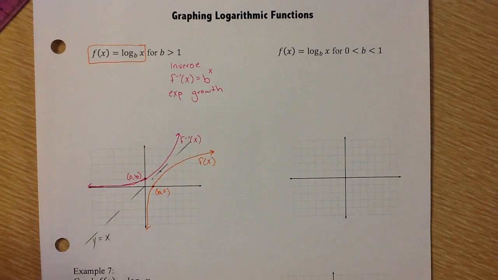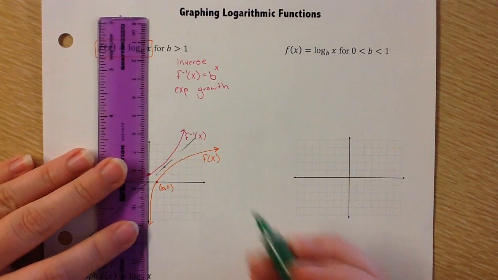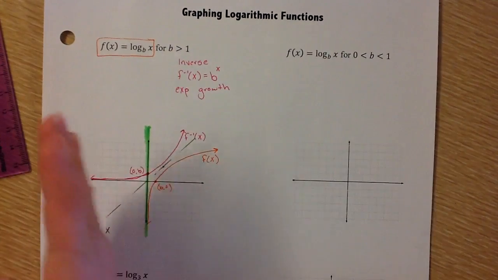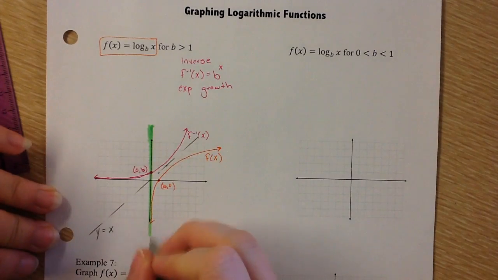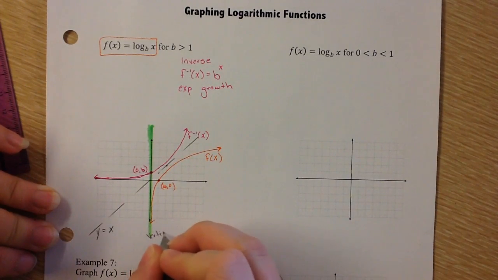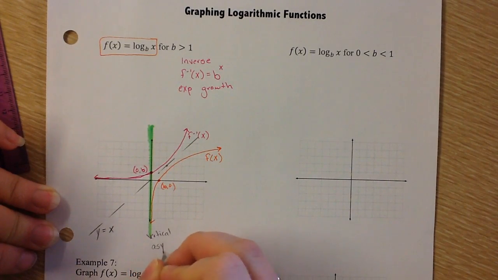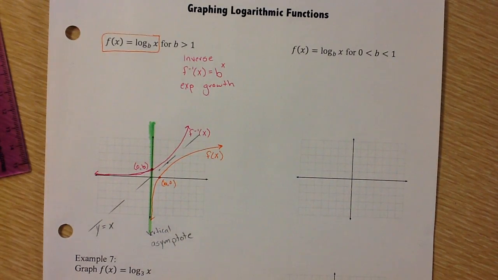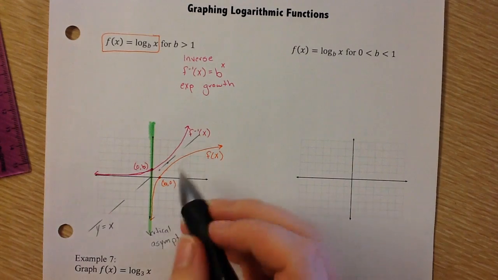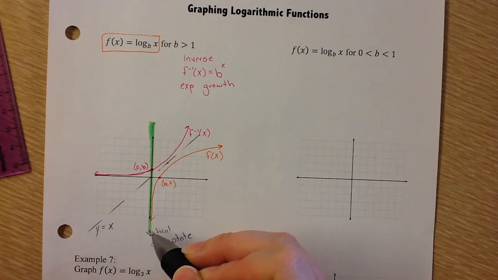We call this line a vertical asymptote because it goes straight up and down. It's a line that this function gets really, really close to but never crosses.